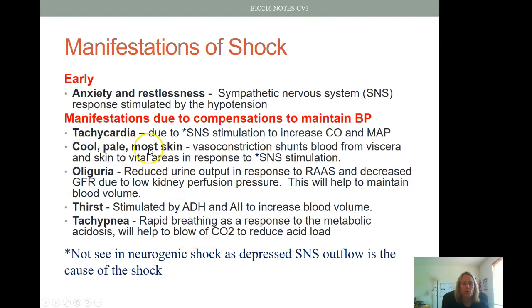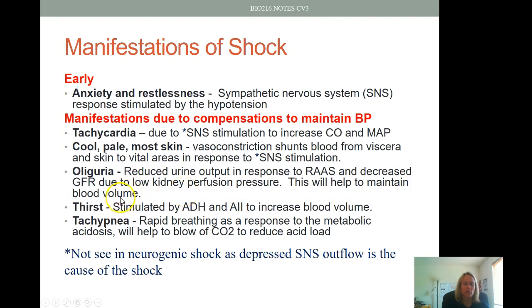Cool, pale, moist skin. And this is because vasoconstriction is going to shunt blood from the viscera and skin to vital areas in response to sympathetic stimulation. Oliguria, that's reduced urine output, and this is going to be as a result of activation of RAS and decreased GFR due to the low kidney perfusion pressure.